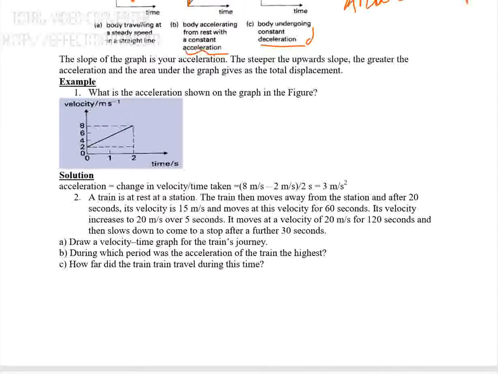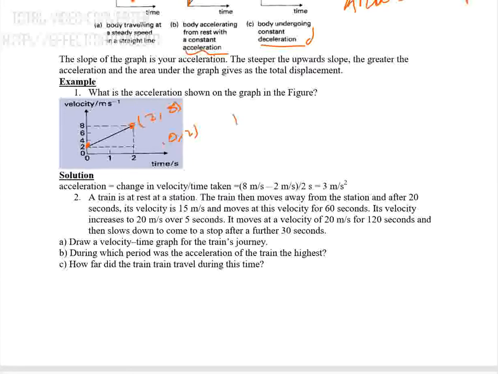What is the acceleration shown on the graph? To do this, we have 2 points. At this point we have 0 and 2, and at this point we have 2 and 8.